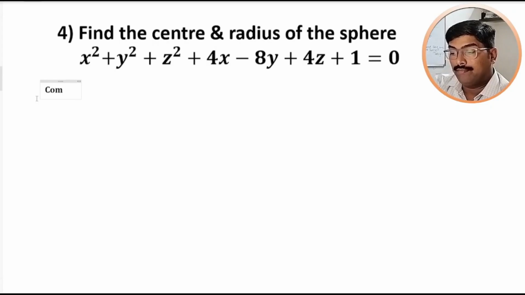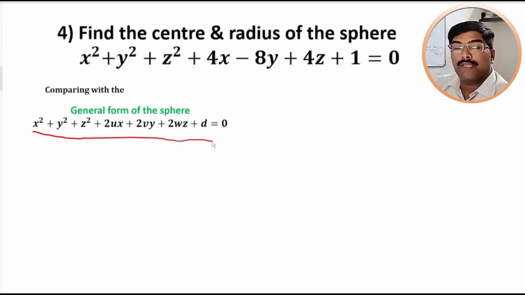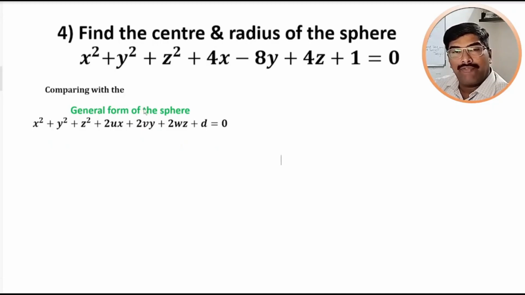Comparing with the general form of the sphere, that is x square plus y square plus z square plus 2ux plus 2vy plus 2wz plus d is equal to 0. If you compare with this equation, we will come to know that in place of 2u we have 4, in place of 2v we have minus 8, and in place of 2w we have 4.